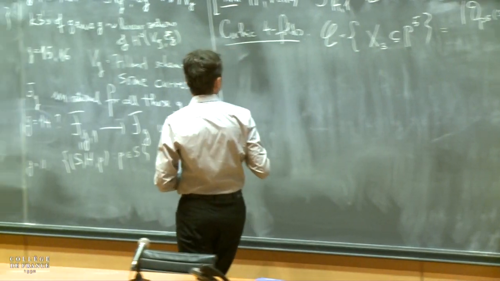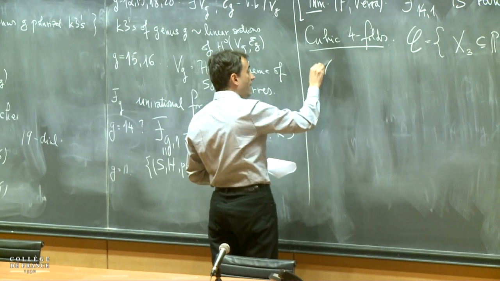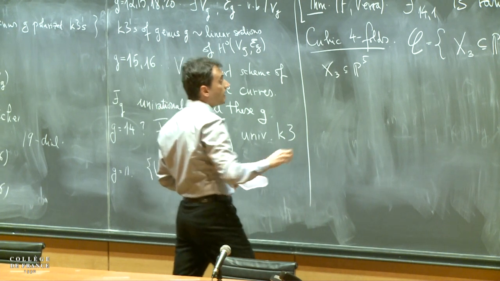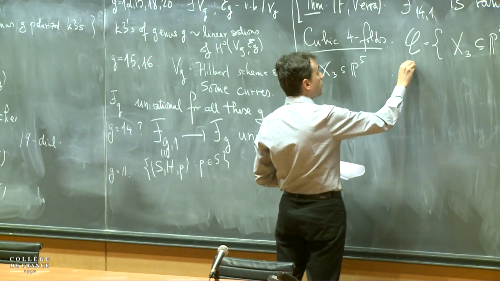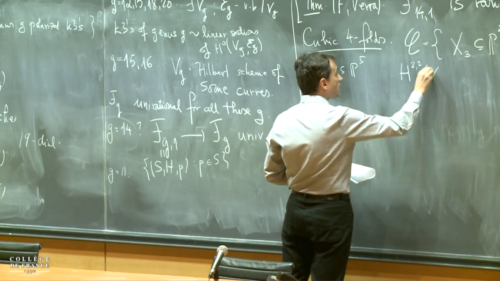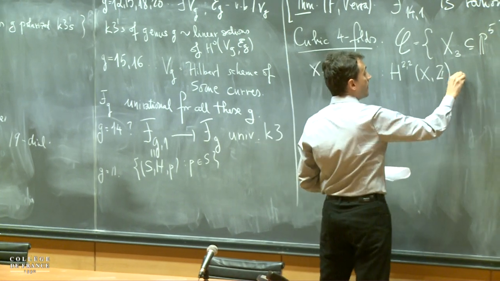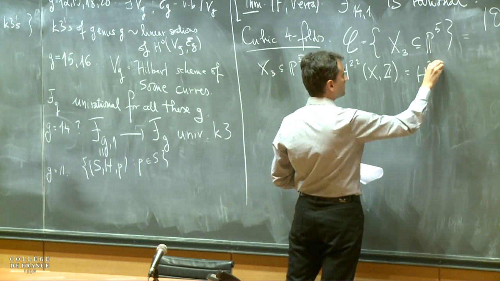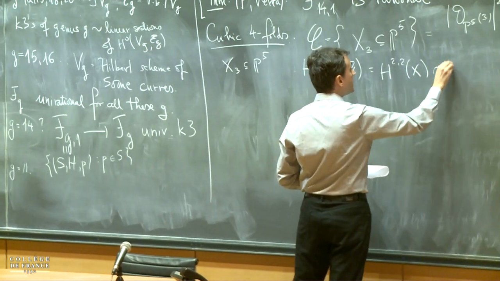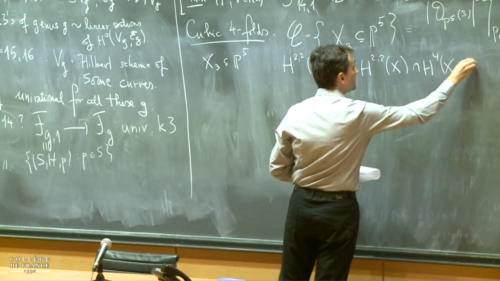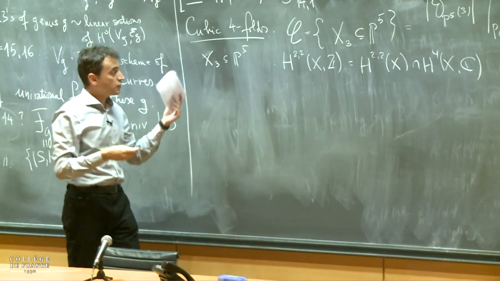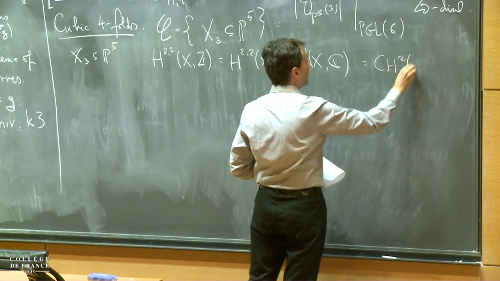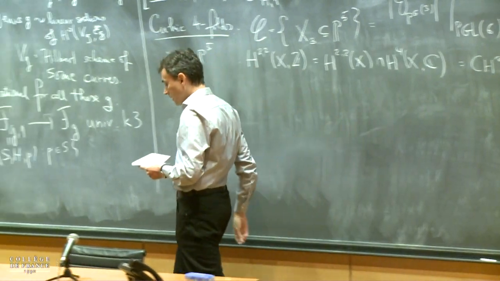So you know that for X, a cubic fourfold in P5, if you look at the group of middle Hodge classes, this is just the Chow group of codimension 2 cycles.